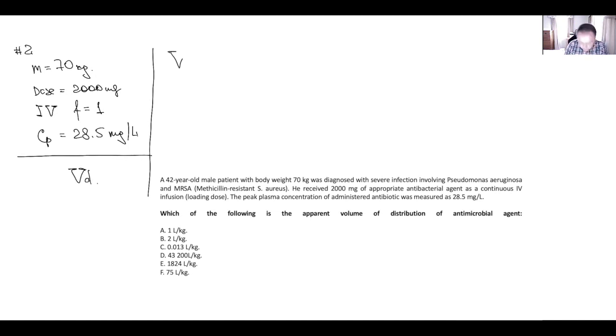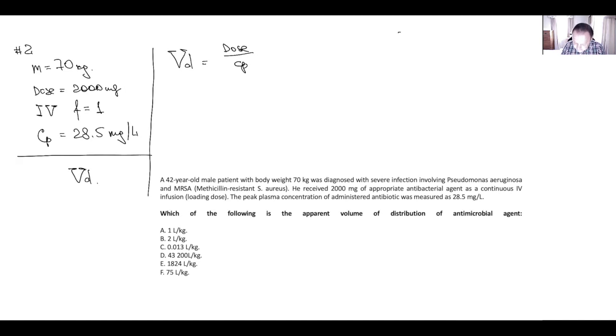Once again, we have volume of distribution. That is dose divided by plasma concentration. In options A, B, C, D, E, we have liters per kg. That means that you should calculate volume of distribution in liters per kilogram of body weight.